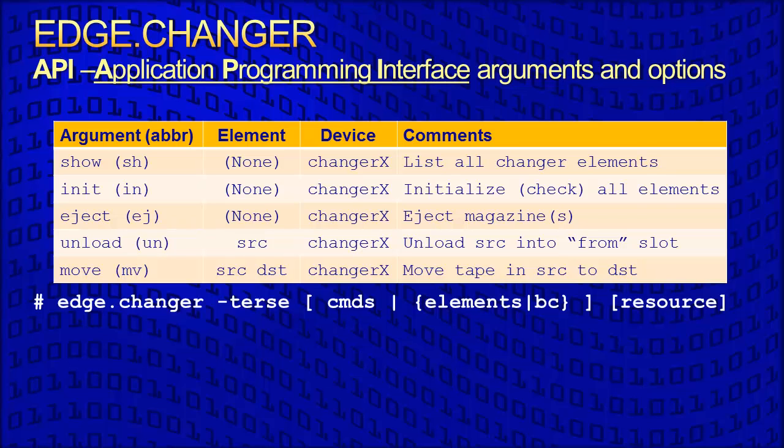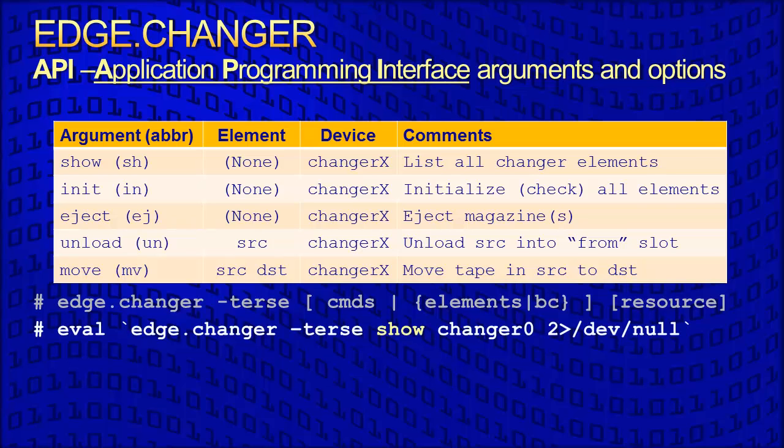These variables can be parsed by shell scripts or user programs to provide the information necessary to monitor and control the changer. The simplest command, -terse show, returns the changer status, the current status of all elements, along with the barcodes of any tapes that have one, as a list of environment variables.